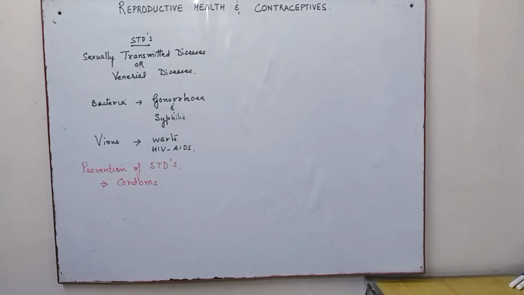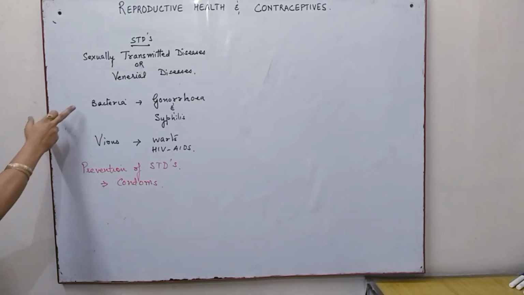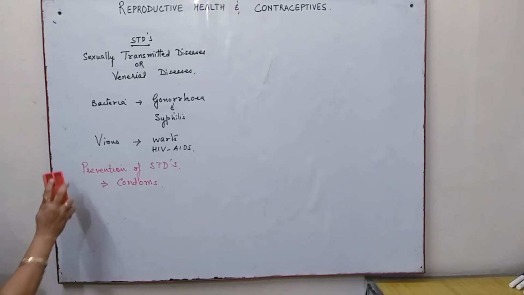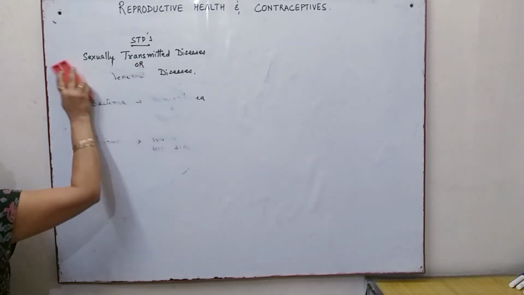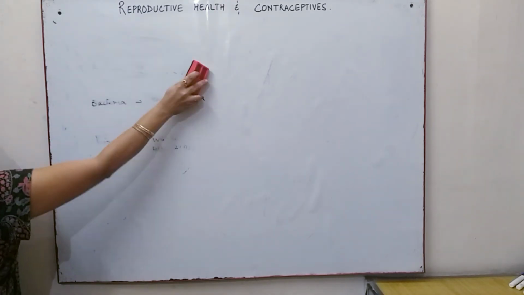The use of copper T is not advisable here because it will not be able to stop the entry of these causative agents, and therefore it is not considered effective against the many kinds of STDs. So proper care should be taken so as to prevent these kinds of diseases.